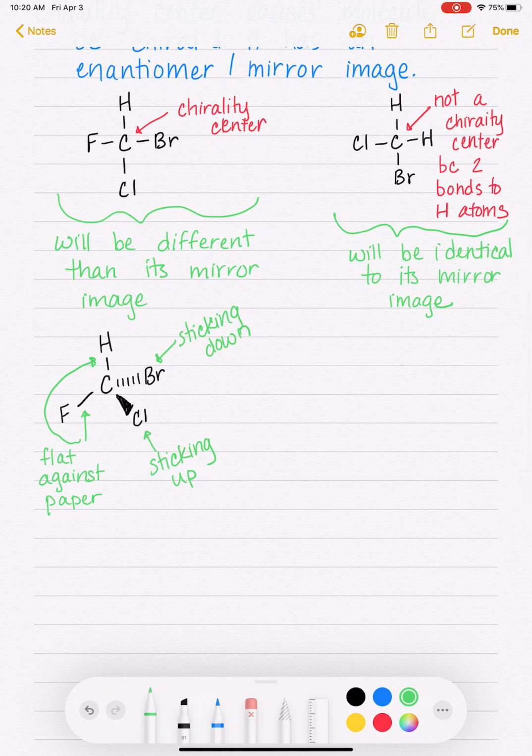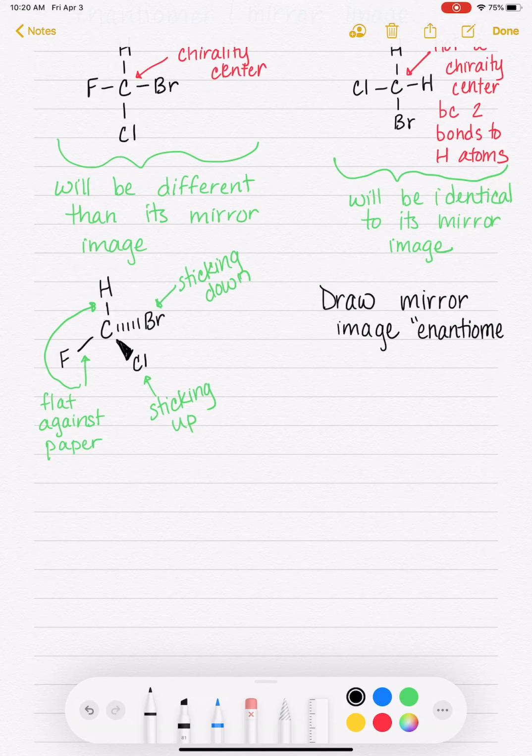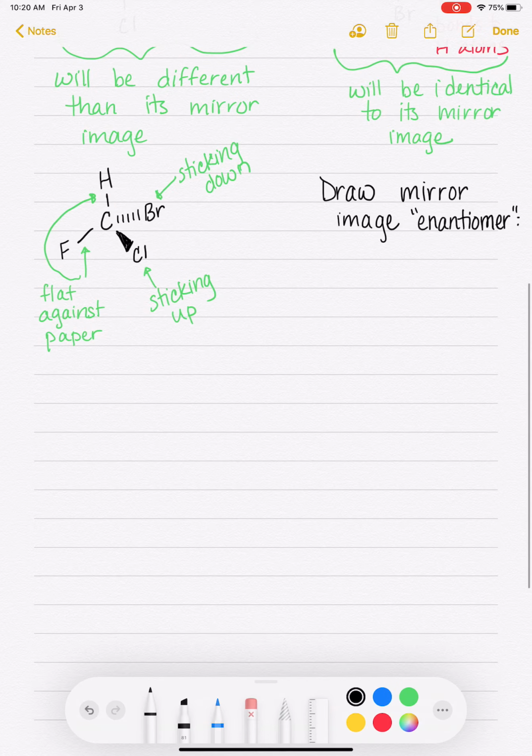If we want to draw the mirror image of that molecule, or the enantiomer of that molecule, we have 2 different ways that we could go about doing that. I'm going to redraw it so it's a little bit cleaner. We could literally draw the mirror image like left hand, right hand. So here I've redrawn the molecule. If we want to draw its mirror image, we're just going to draw it backwards like that.